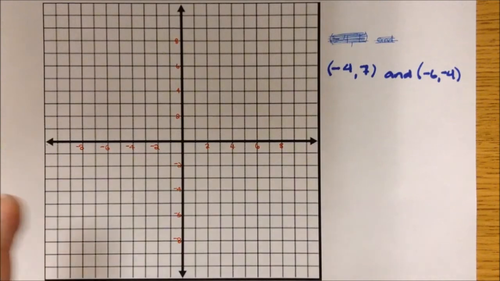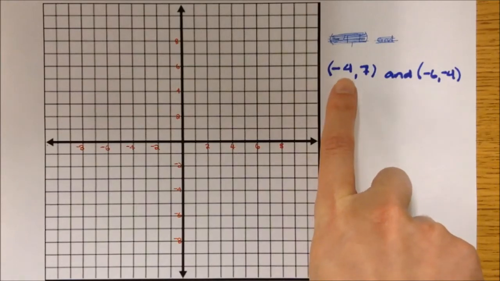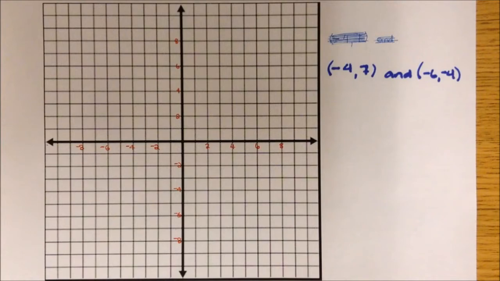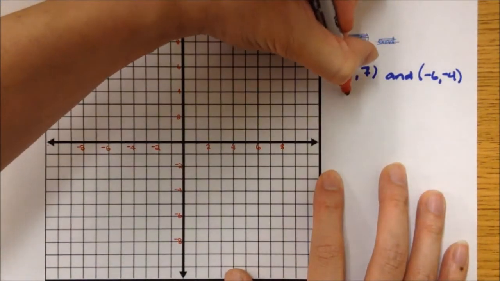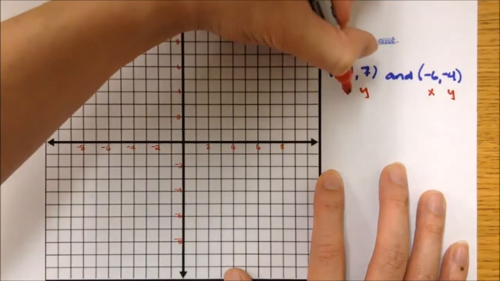Alright, so our first step is we're going to plot negative 4, 7. So negative 4 is my x, and let me label it. So this is my x, y, x, y.